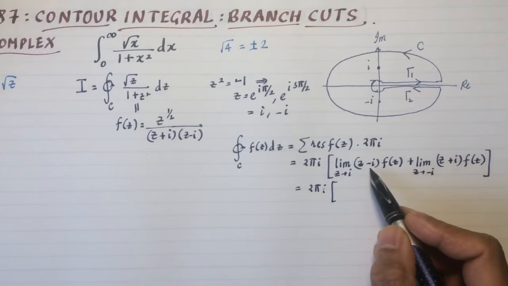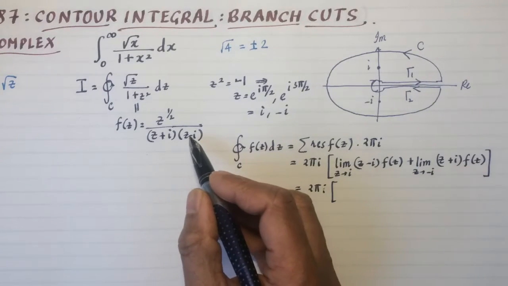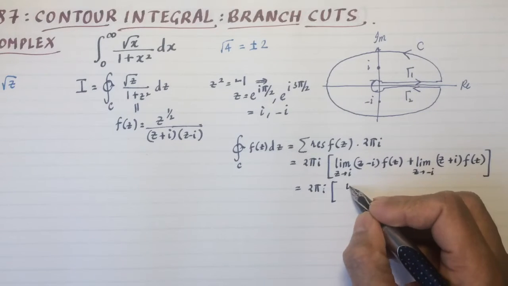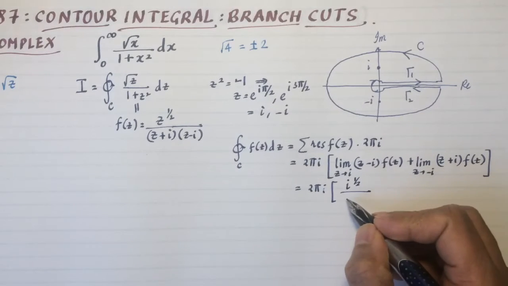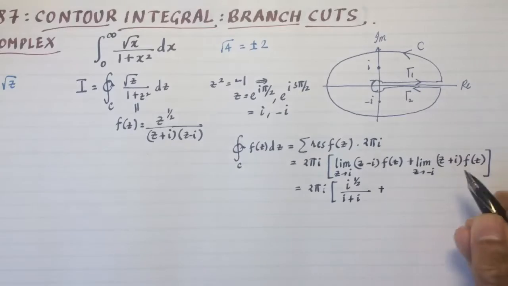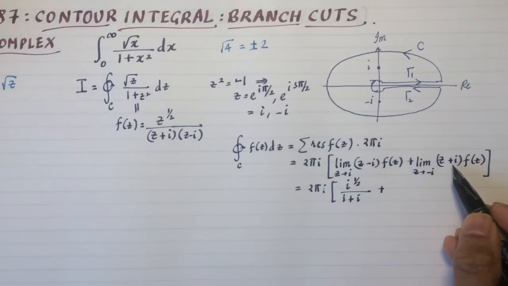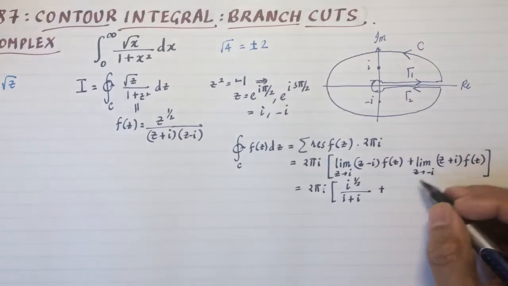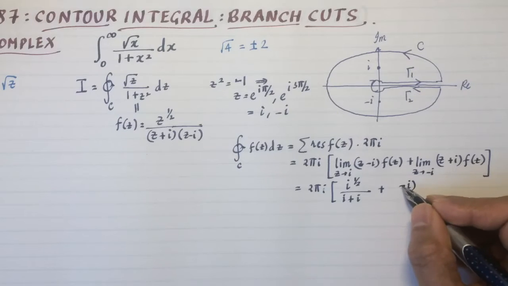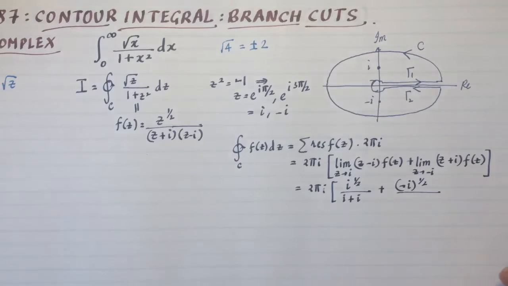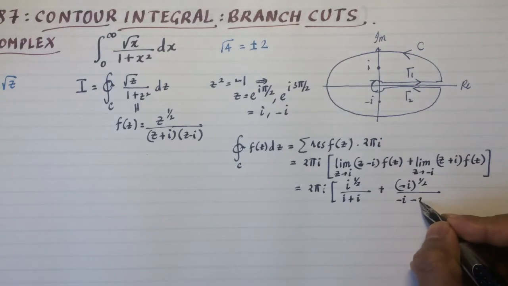So that's 2 pi i. If I multiply this by z minus i, that goes away, and I just have i to the power half divided by i plus i. And when z is equal to minus i, that becomes negative i to the power half divided by negative i, negative i.